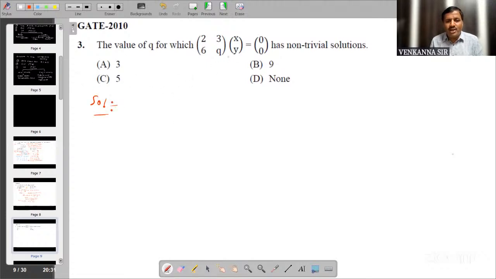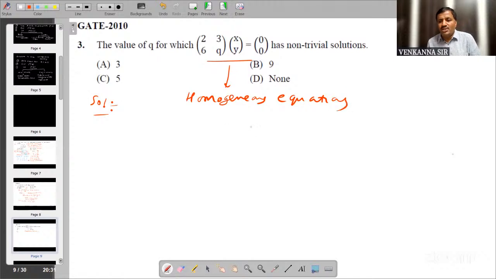First of all, what type of equations are they? They are homogeneous equations. Remember, these are homogeneous equations. For homogeneous equations, calculating the rank of A is enough. He is asking for non-trivial solutions. Non-trivial solution means what? Infinite number of non-trivial solutions.